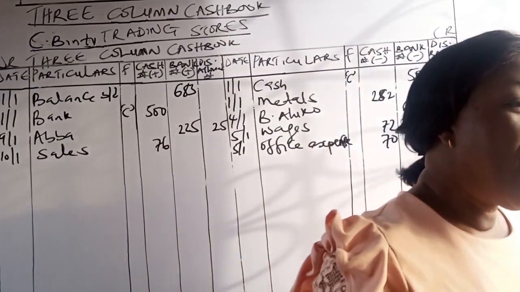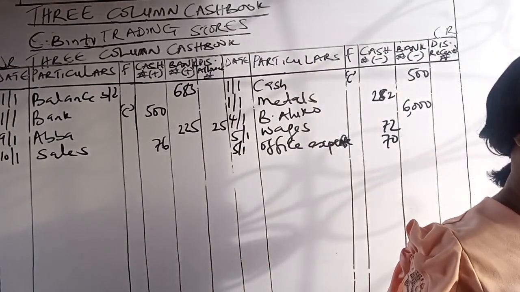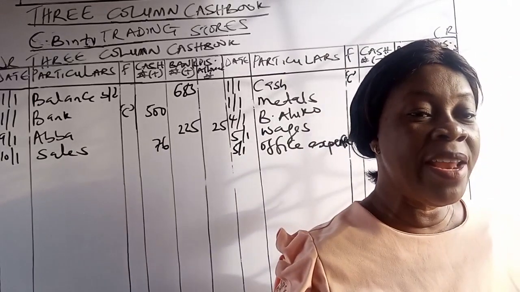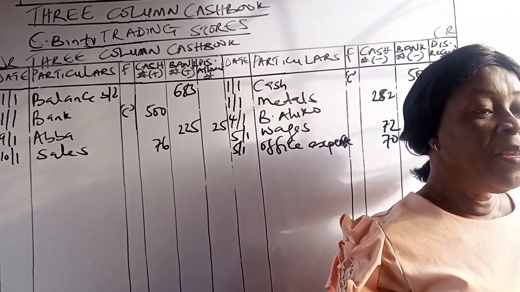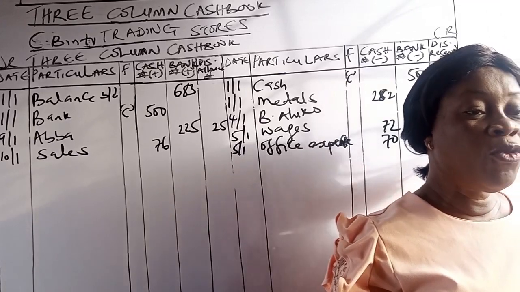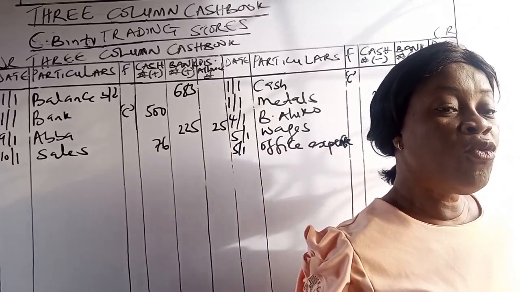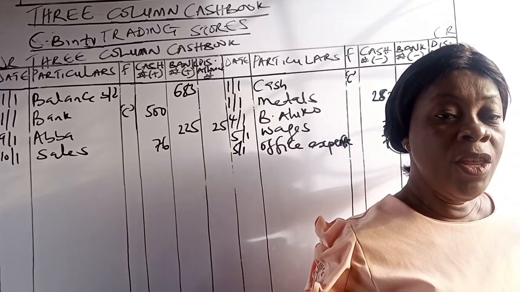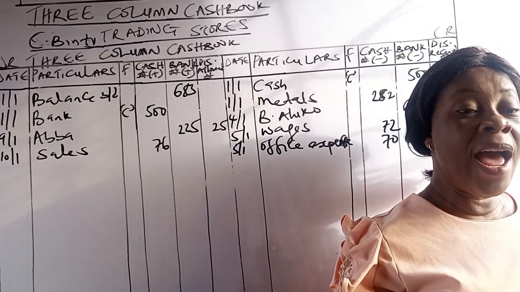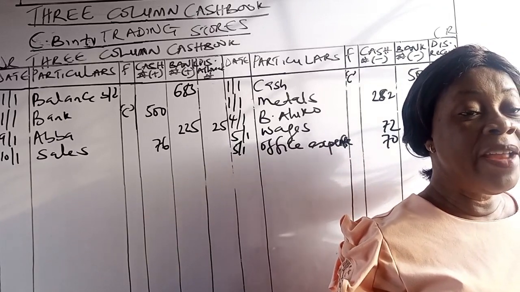Now January 12, Harry settled account of 200 naira by check, 100 naira, meaning the amount of goods sold to Harry was 200 naira, but because he paid promptly, he was allowed 100 naira out of the 200 naira.